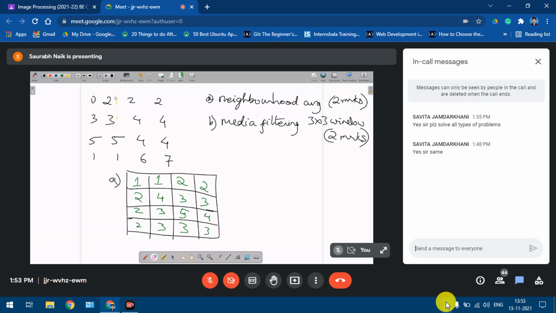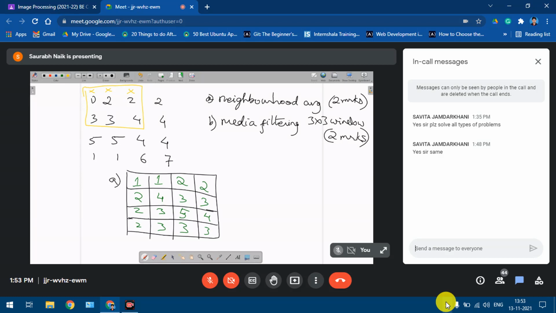I'll get something like this, wherein I don't have these 3 values, which are going outside my image boundary. So here again I'll have to shrink the window. Instead of 3 by 3, I will have to use a 2 by 3 window.